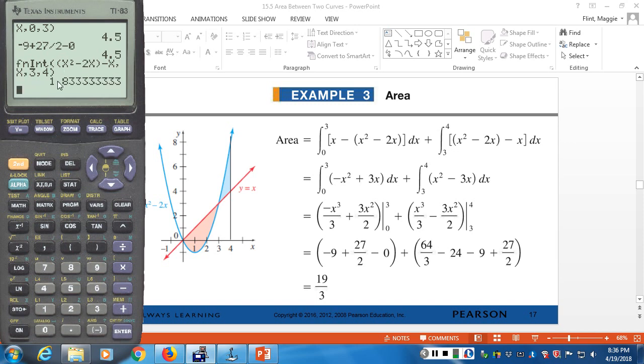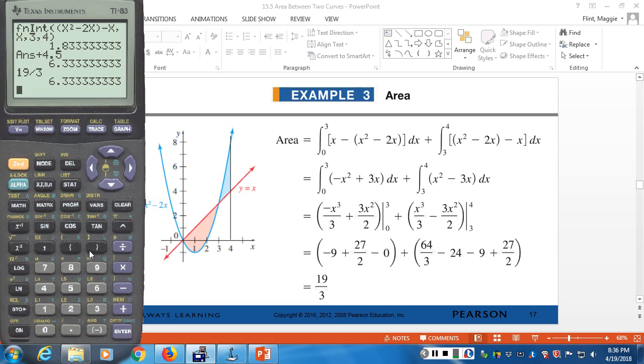And that comes out to be 1.8333, which is a fraction. It is an improper fraction, but we're going to be satisfied to add 4.5 to that. Which gives us 6.333, which is exactly what 19 divided by 3 actually is.